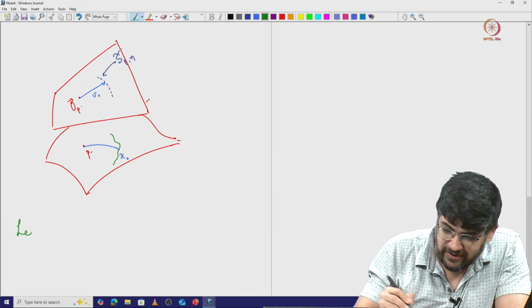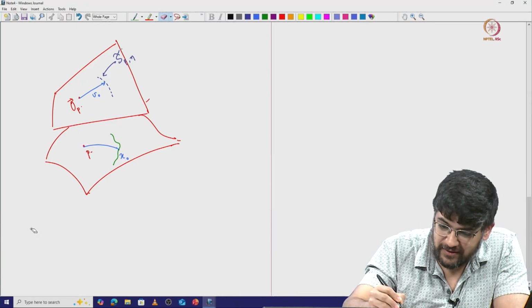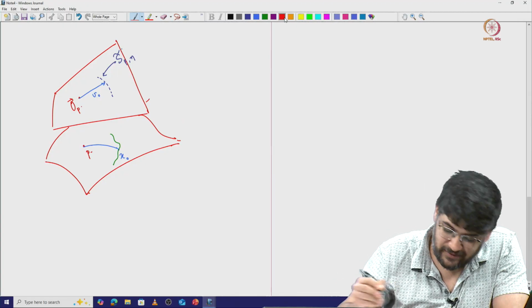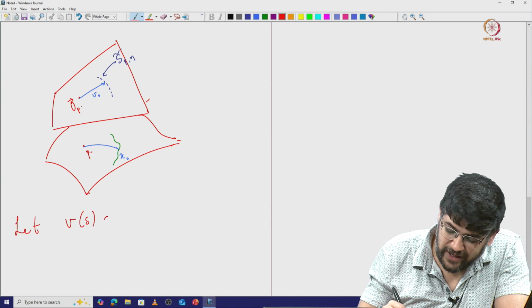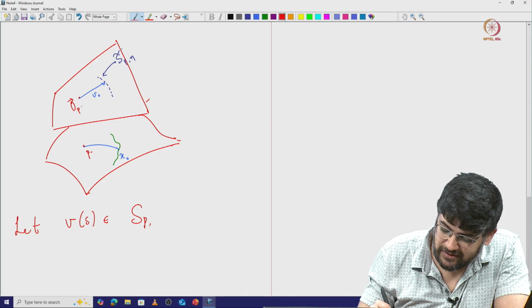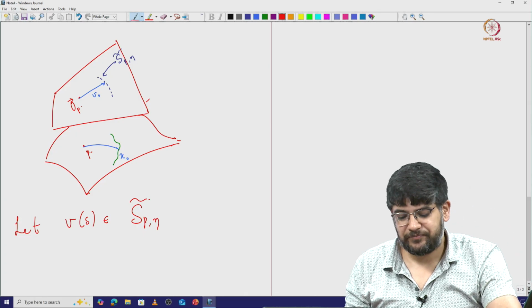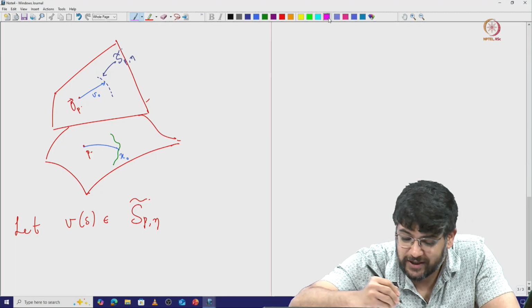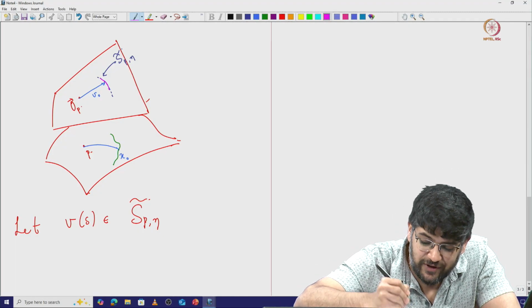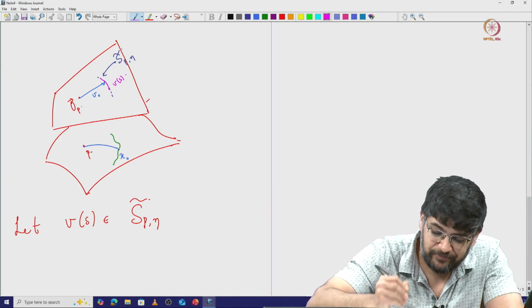So now let V of S be some path in the geodesic sphere. I'll draw that in pink. So let's say V of S is this path here, okay.